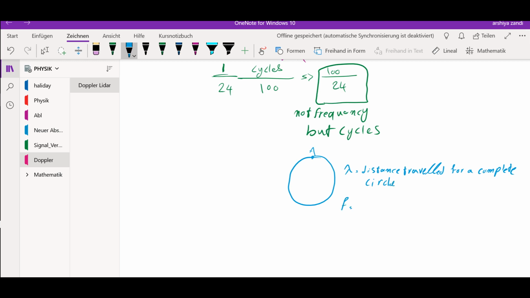Frequency is how many circles in, let's say, 10 minutes, or 2 seconds, whatever.